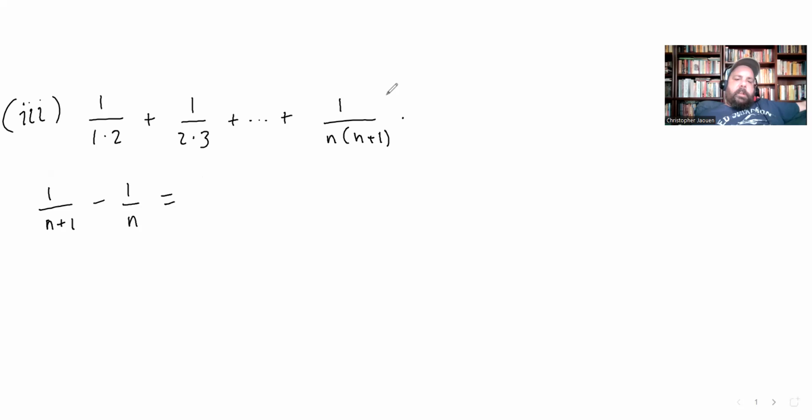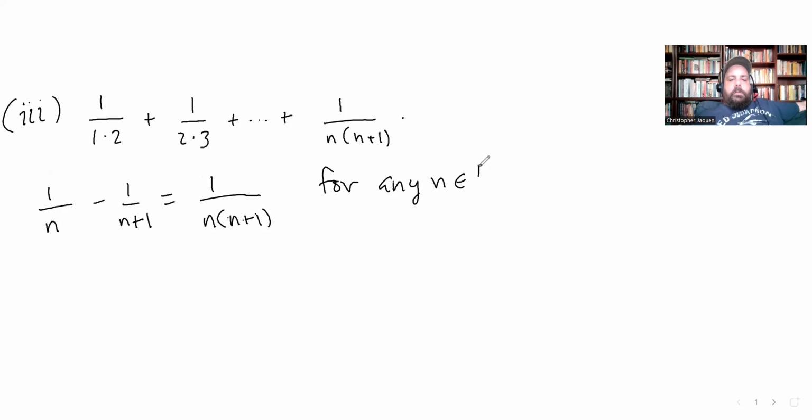sorry, it would be the other way around. 1 over n minus 1 over n plus 1 is equal to 1 over n times (n plus 1), for any natural number n.